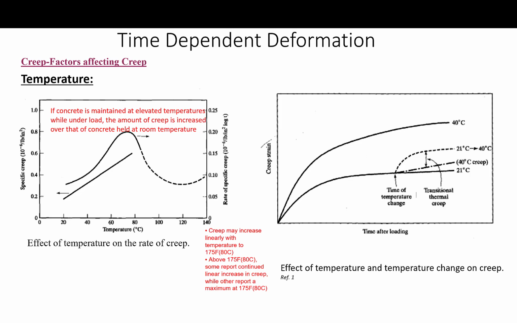But above this temperature of 80 degrees Celsius, there is some uncertainty as to the exact relationship. Some investigators report a continued linear variation, but there are some reports of a maximum at 70 or 80 degrees. So the increased creep is a result of an increase in the rate of creep.